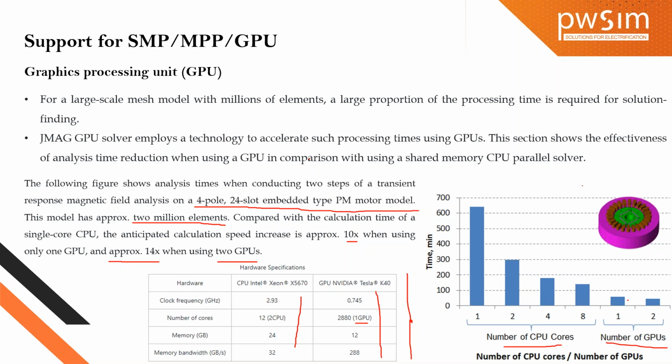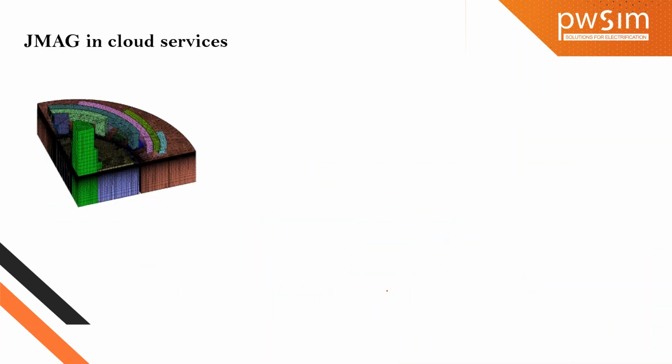If you compare 650 to just 50, it has been reduced 10 times. Almost 10 times faster than the normal CPU core. Similarly, for two GPUs, it is 14 times faster than the normal CPU core. This is the calculation example for the GPU compared to the SMP and MPP solver.